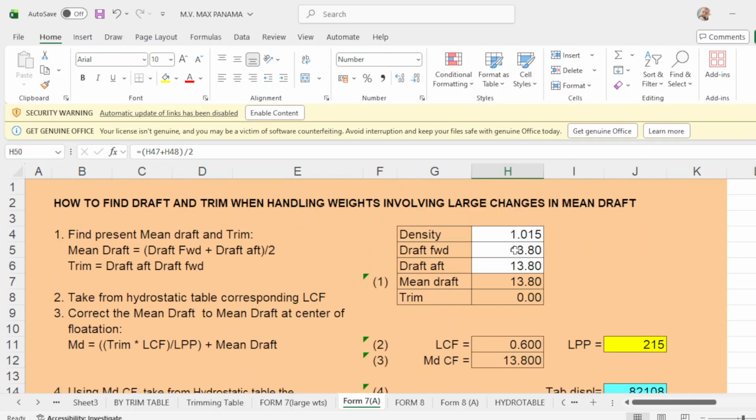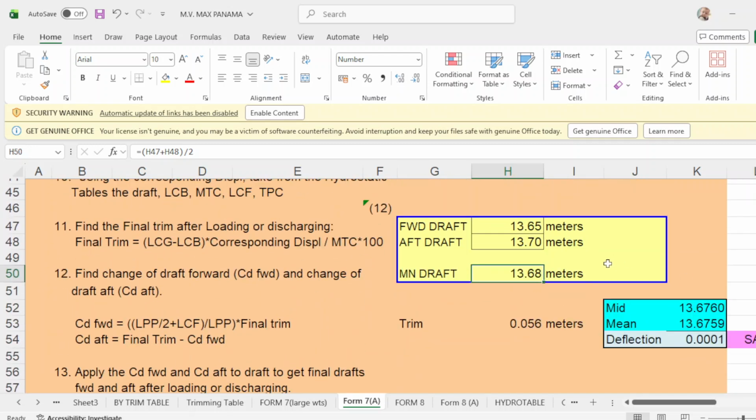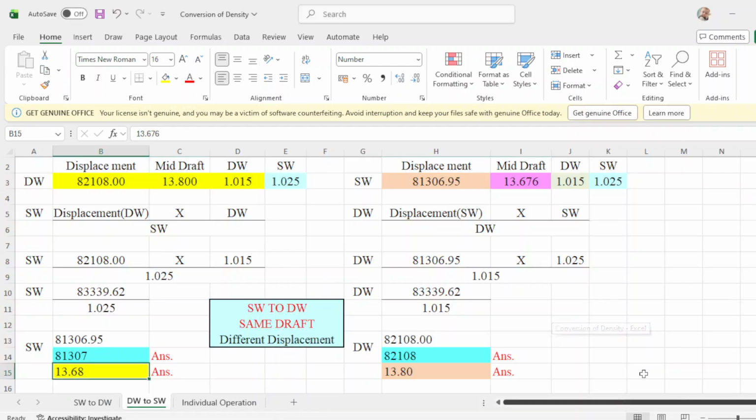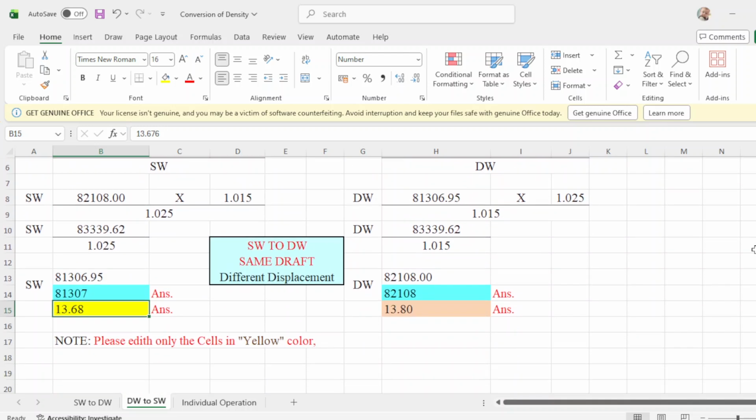With this program, it will give you the forward and aft drop. While in the conversion of density, you put only the displacement, the drop, and the water density.